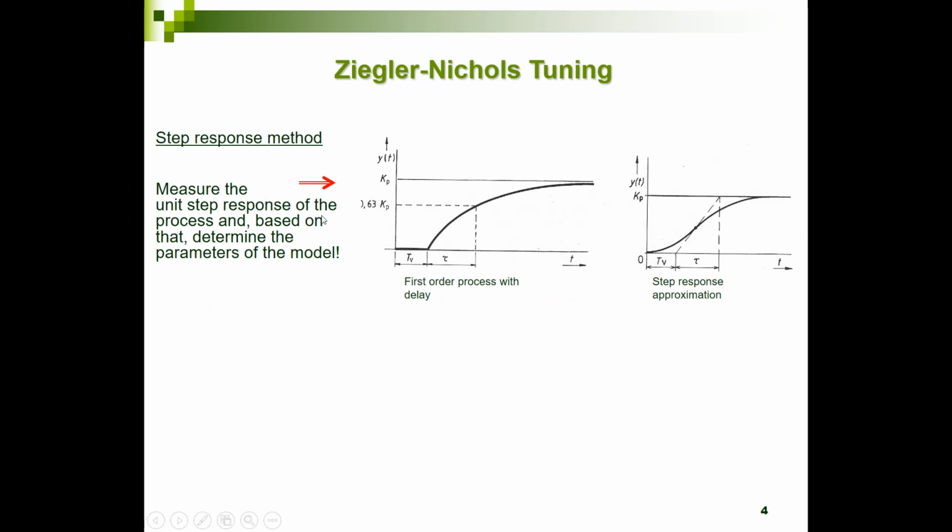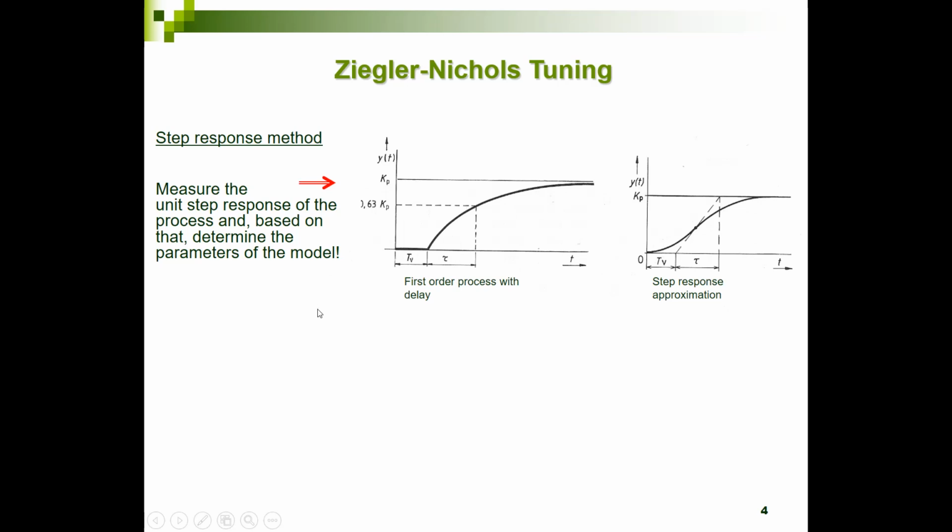In the step response method, we apply a set point, a step set point to the system, and we look at the output of the system. And we measure that output, and when it has this kind of behavior, a delay and a kind of first order system approach, we can define the delay time, we can define the time constant of the system, and we can define the process gain. And why is that?